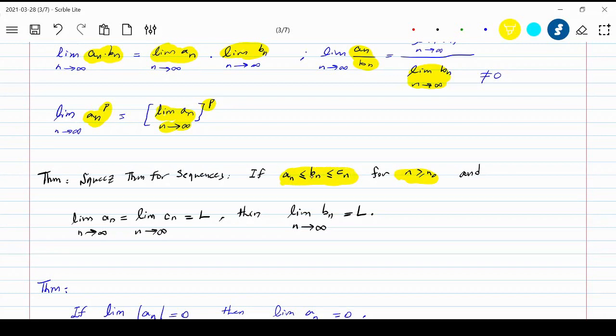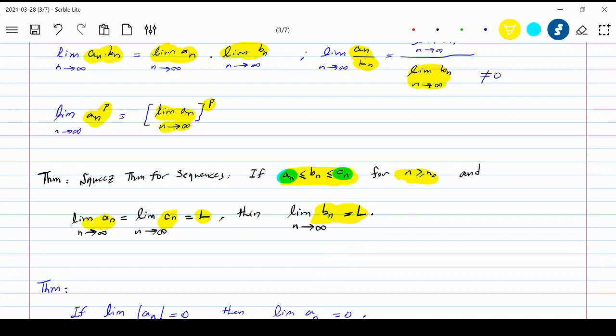If Bn is bounded between these two, and you know the limits of An and Cn, and they both turn out to be the same thing, then that tells you that Bn must have exactly the same limit. This is called the squeeze theorem.